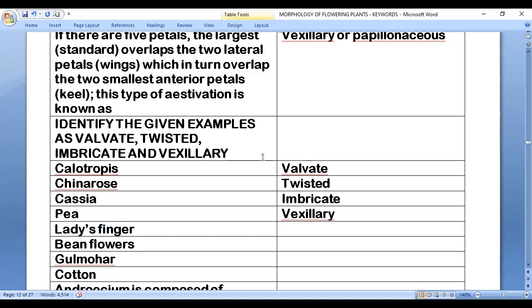Lady's finger, twisted. Bean flowers, vexillary or papilionaceous. Gulmohar, imbricate. Cotton, twisted.